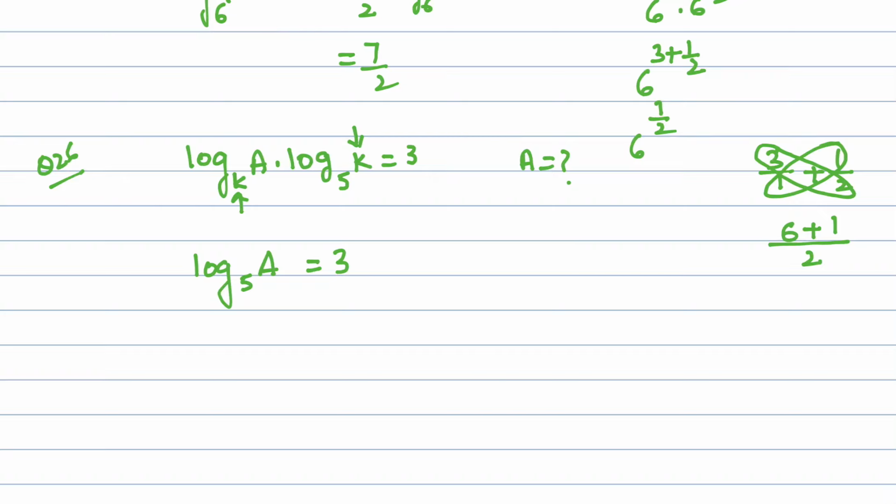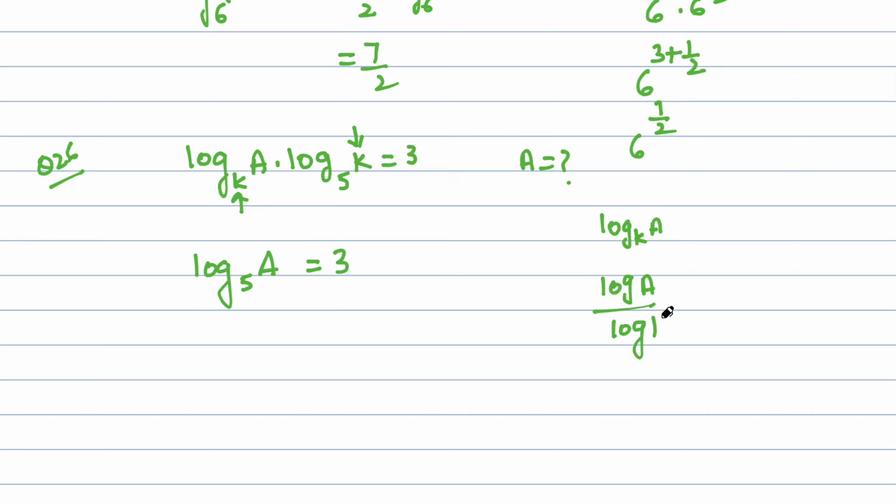Now you don't want to learn the patterns? That's your wish. So let's do it with proper base rule. Log of k of a, you can write it as log of a by log of k times log of 5 of k. By applying the base rule, log of k cancels, and this is equal to 3.